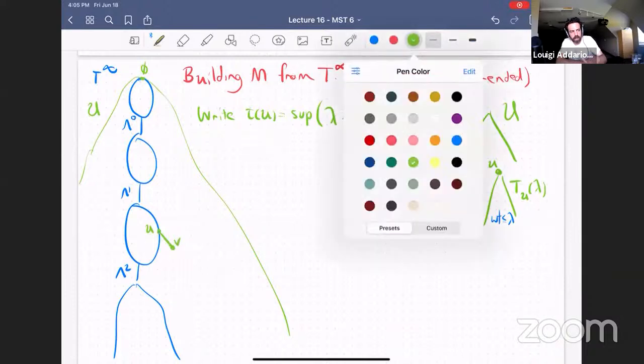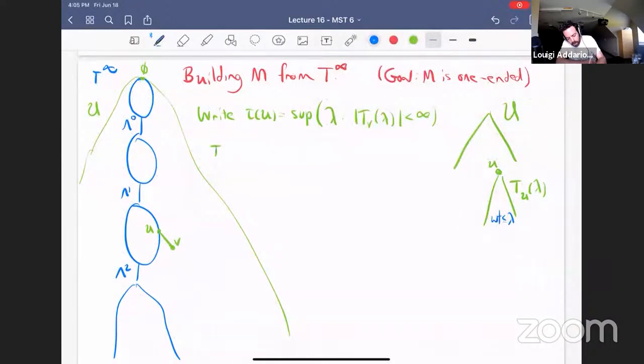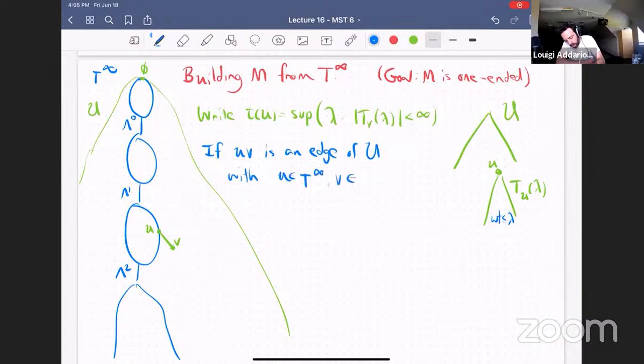So that is to say, if I look at an edge uv, so this is an edge of u, whose near endpoint is in T infinity and whose far endpoint is not in T infinity, then we know that the weight of this edge, PUV, is bigger than this value here.